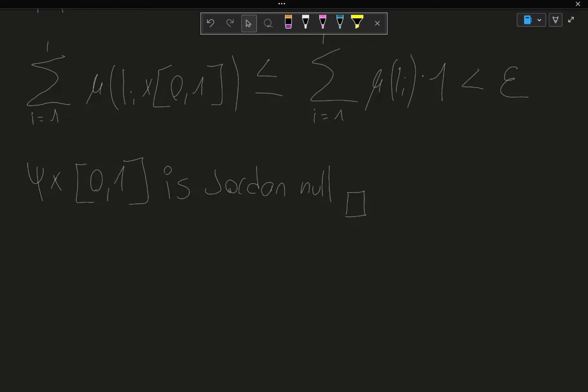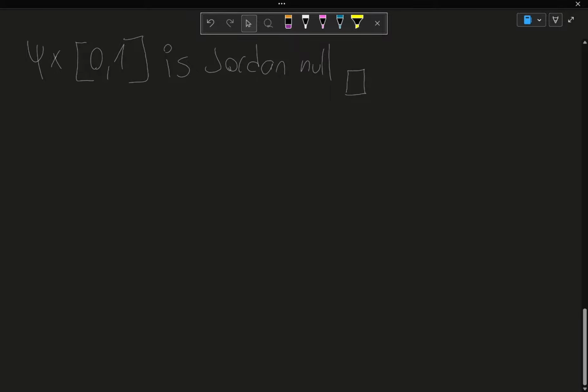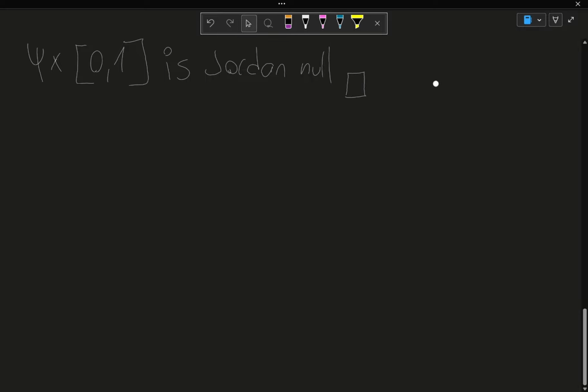Otherwise, just write some gibberish. Usually, the people that are correcting it are nice people, so they will just give you some points for the effort, and that's what you want. You just want points. If you are in the situation where you know you can't do the proof, just try to get some extra points.